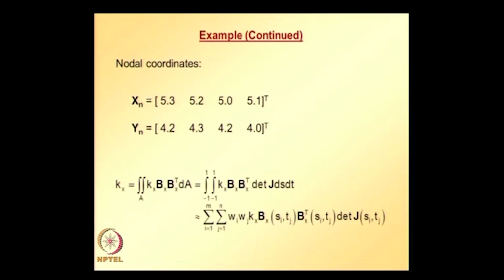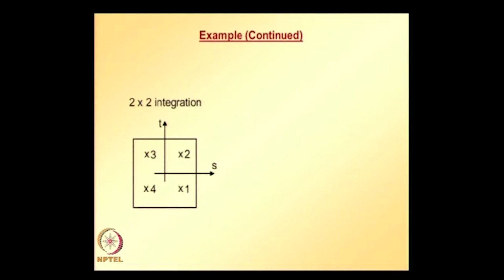And we need to evaluate this integral using 2 by 2 integration, that means 2 points in the S direction and 2 points in the T direction. So, we need to know what the points are, and if you recall, I gave this information earlier for 2 by 2 integration. The locations of the 4 points are as shown in the figure.